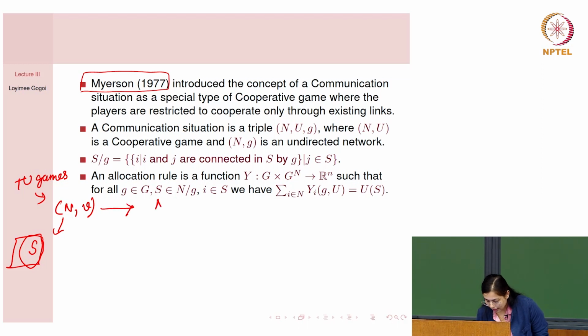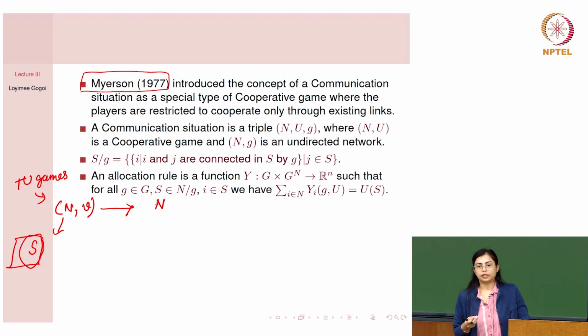For a player set N, if we think about the network structure among the players in N, how many possible graphs are there? 2 to the power of nC2, right?